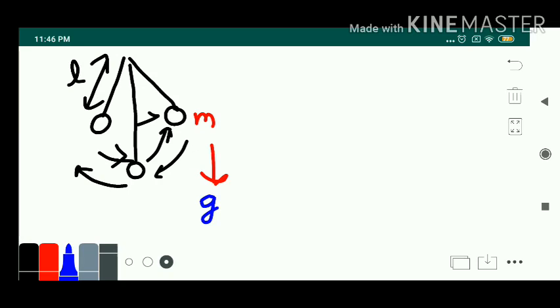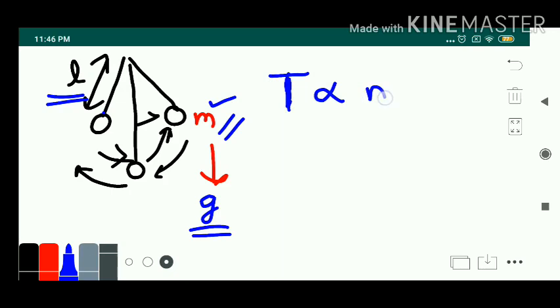These are the terms which you are given. What all are given? Pendulum has the length L, mass of the bob is m, and the acceleration due to gravity is g. And you are told that the time period of oscillation of this pendulum depends upon the mass of the bob, length of the pendulum, and g.